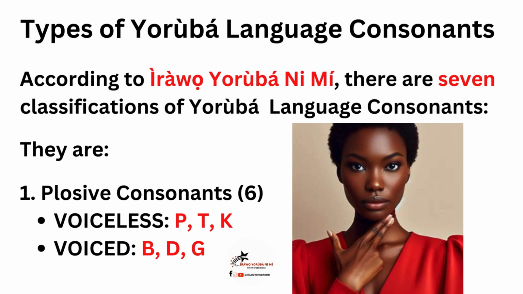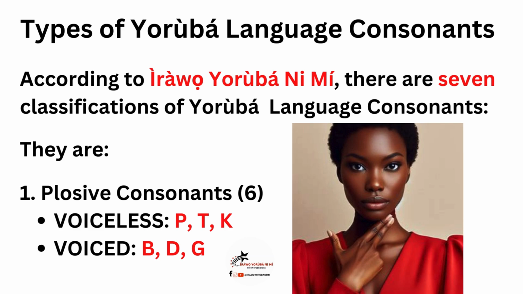Why are P, T, Ki voiceless consonants in Yoruba even though we can hear them? It is because they are produced without chord vibration. Secondly, the sound comes only from air pressure and release and not from your voice box.